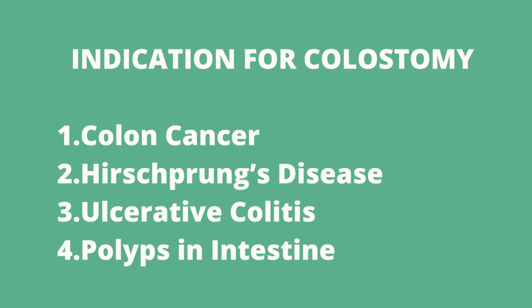Cancerous cells are only and only malignant cells. So when malignant tumor cells form in the colon, that is colon cancer. Next, in Hirschsprung disease, which is a congenital anomaly, we also perform colostomy.